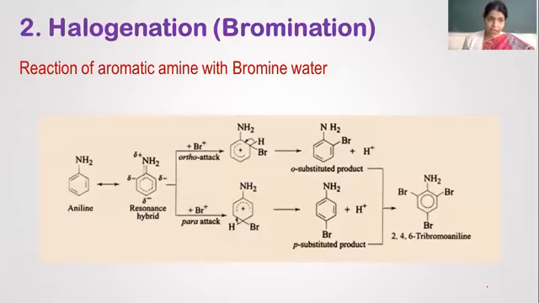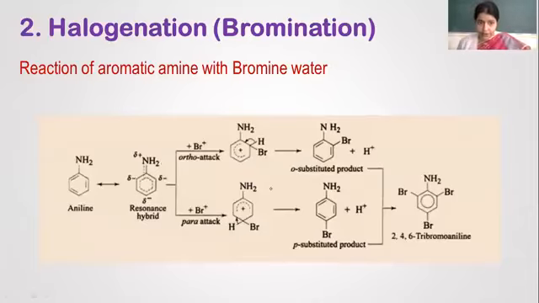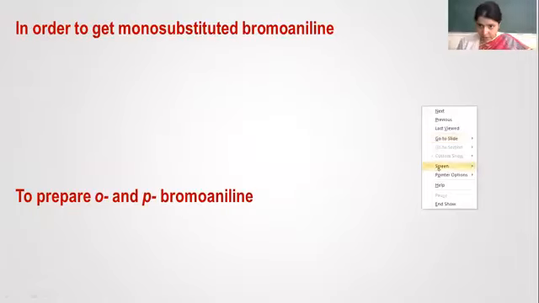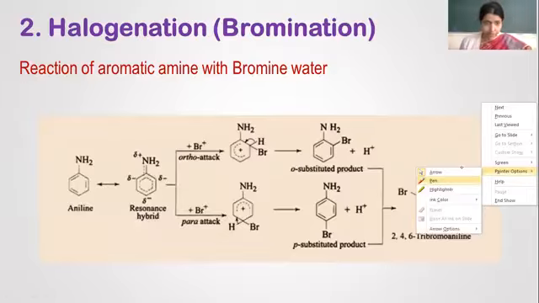The second reaction is halogenation. Here we are taking bromination as an example. Again, NH2 is a strongly activating group. It produces negative charge on both the ortho and para positions.